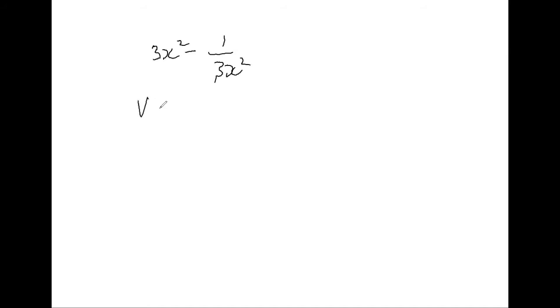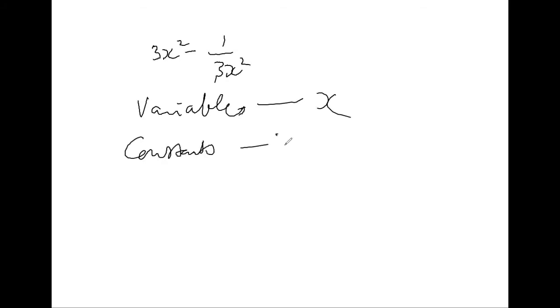Variable is x only. Don't write down. What are constants? Constants are 3 and minus 1 over 3. Okay. What are exponents here? So that is the issue. Okay. So let us focus on exponents.